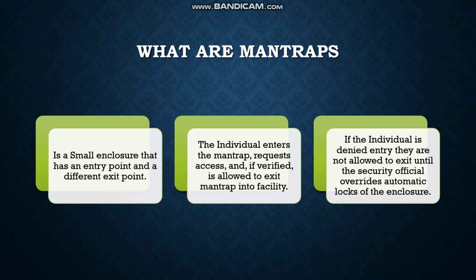The individual enters the man-trap, requests access, and if verified, is allowed to exit the man-trap into the facility. If the individual is denied entry, they are not allowed to exit until the security official overrides automatic locks of the enclosure.